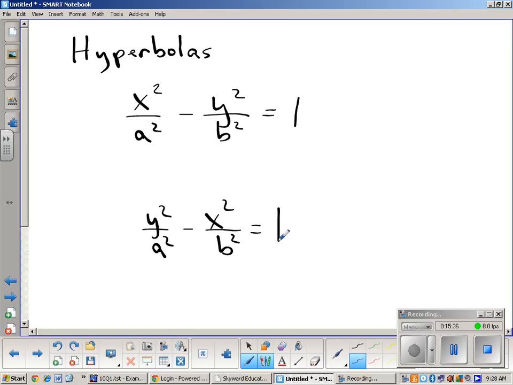So when we look at this model, because the x squared term is first, the model is going to look like this.